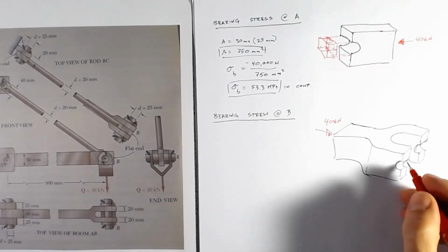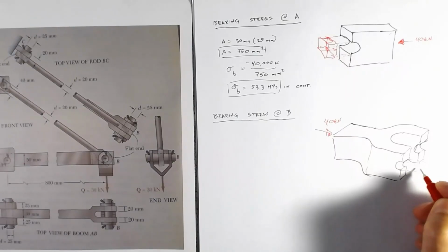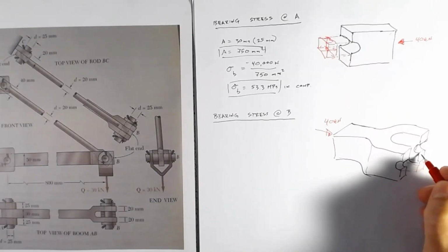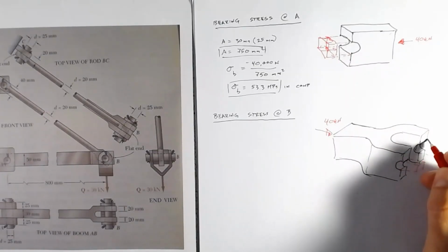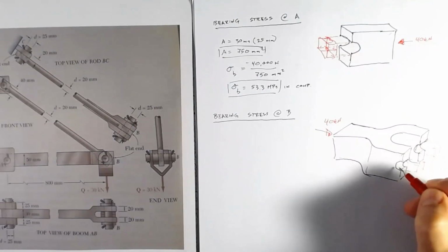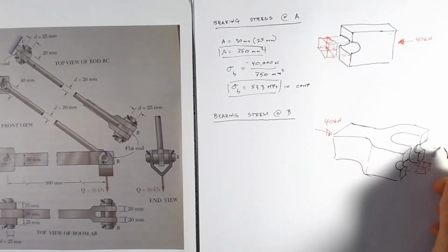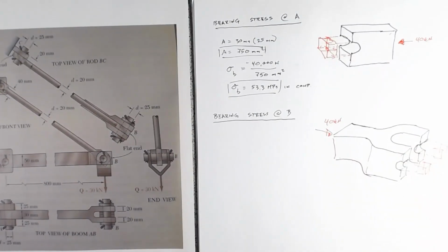And so that's just going to be in this area here, this projected area on one side, and then the other side, because that pin sits neatly and it bears on both of those, and we're just going to assume that it bears nice and evenly. And that's a good assumption for a nice stiff pin.